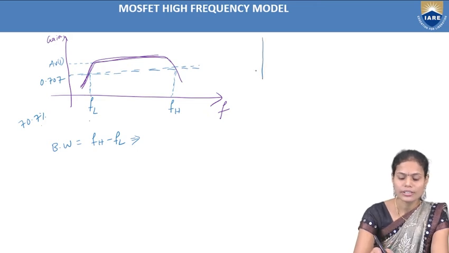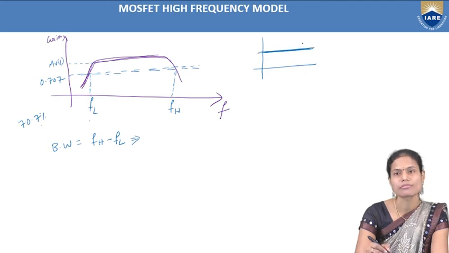Generally, if we take the ideal case, we will get the frequency response curve in this way. That is nothing but for all the frequency ranges, we will get the constant gain in the ideal case.